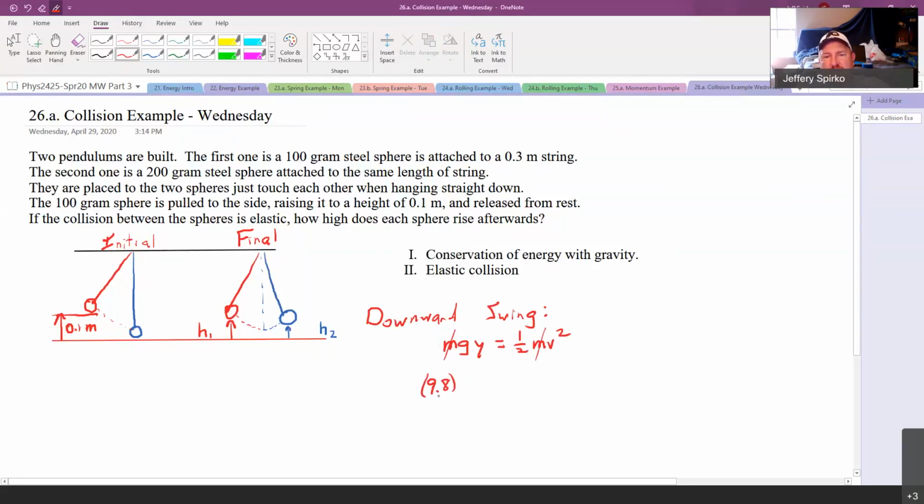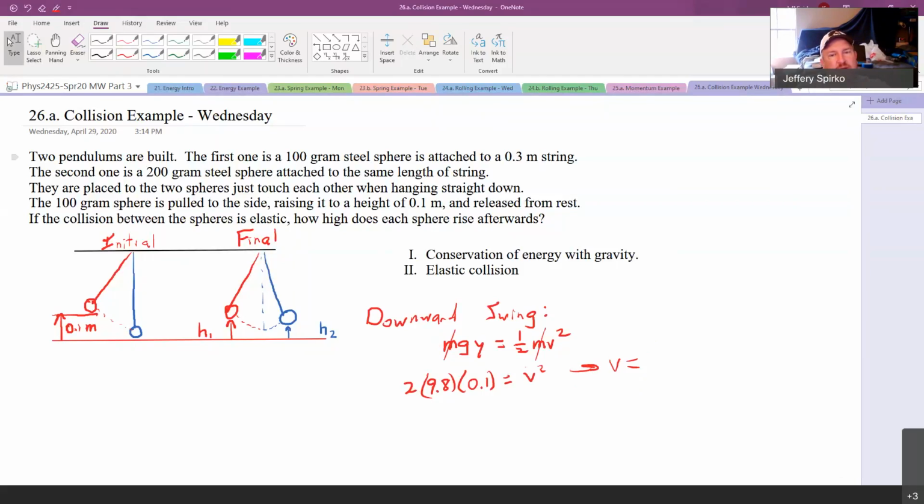And we end up with 9.8 times the height, which is 0.1, is equal to, let's move the 2 over there, v squared. So that tells us that v is the square root of that. Let me get myself a little scratch sheet over here so I can do calculations.